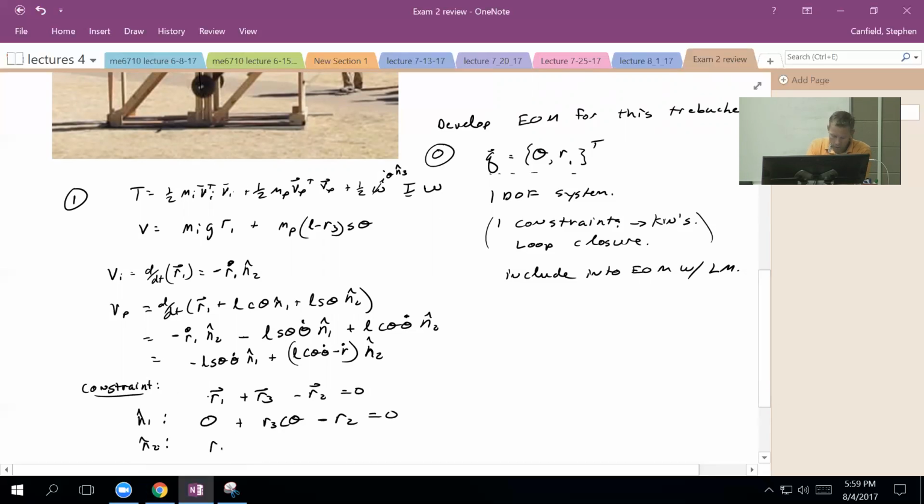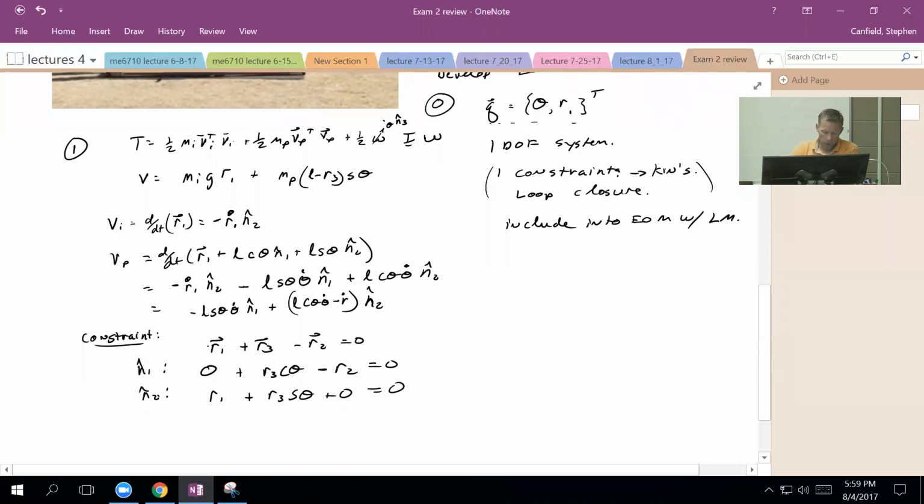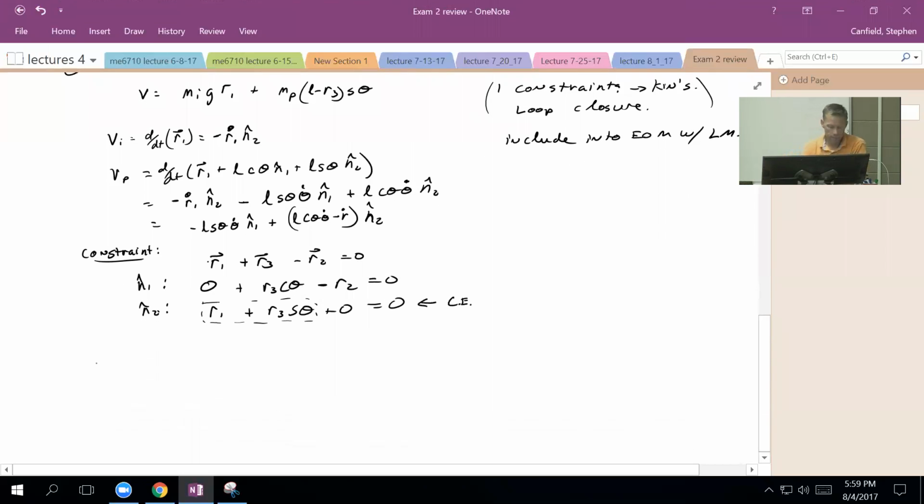And in the N2, I get R1 plus R3 sine theta equals 0, plus 0 equals 0. So here I have two constraints, but notice I need a constraint between R1 and theta, and right there I have it. That's my constraint equation.